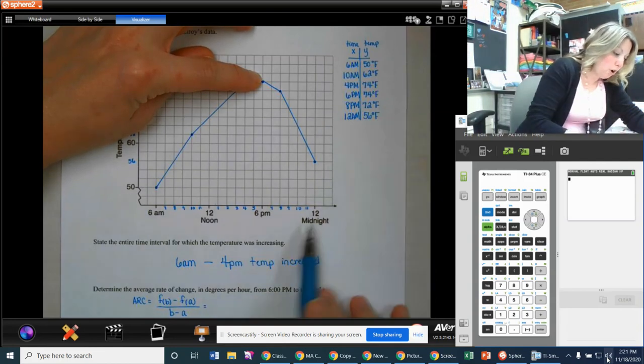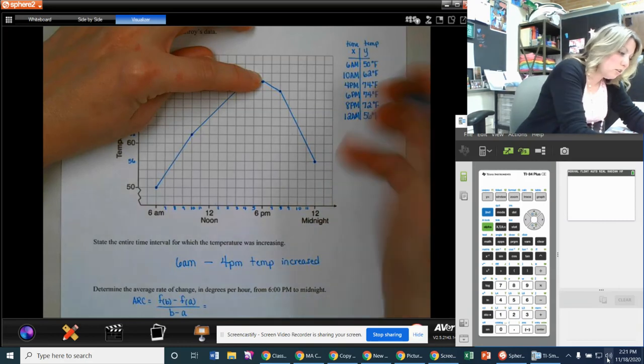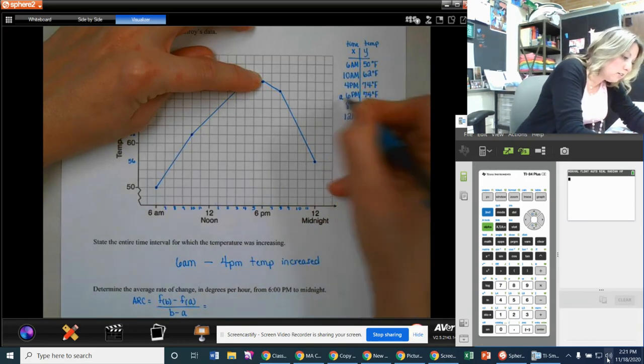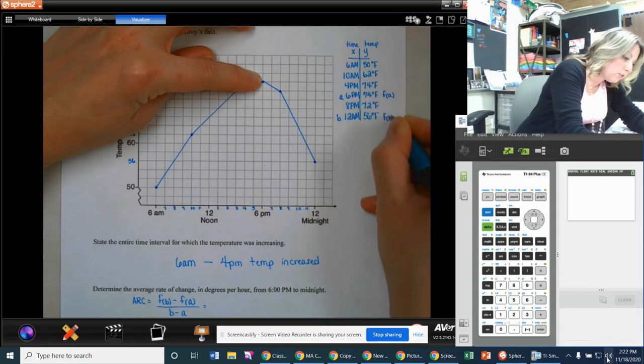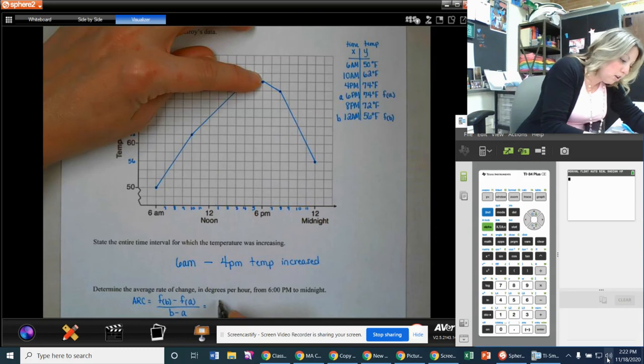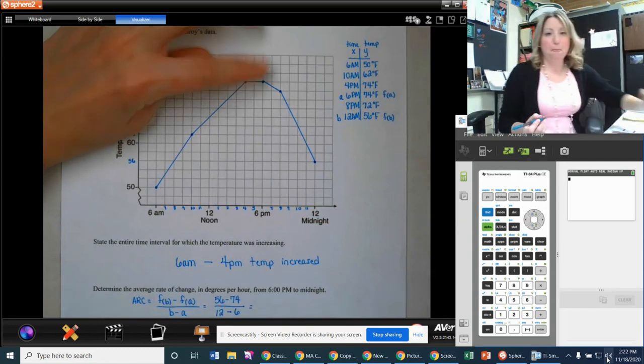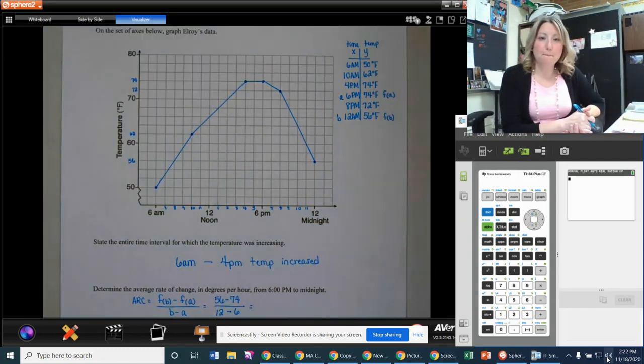So we're saying from 6 p.m. to midnight. So this is your a, here's your b. Your f of a is 74, your f of b is 56. That's what we're going to plug in. So 56 minus 74 over 12 a.m., so we'll just do 12, minus 6 p.m. Okay?